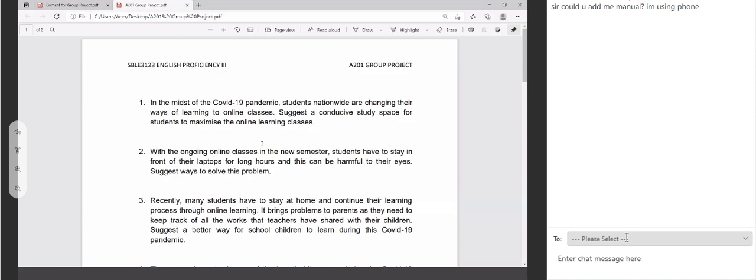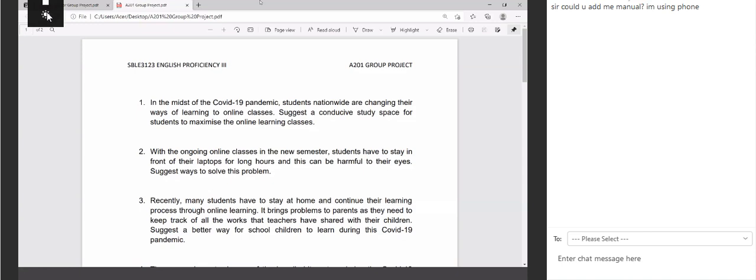But for last semester, what I asked my students to do is to produce a study space. They would design a study space that they would find comfortable. So they proposed and designed a study space for students to maximize online learning.